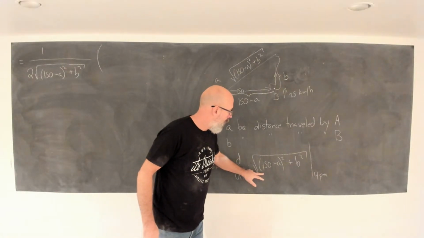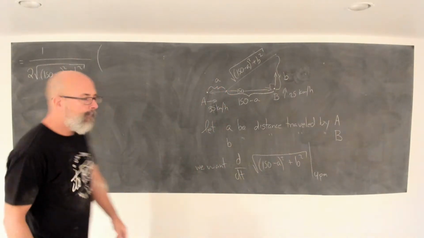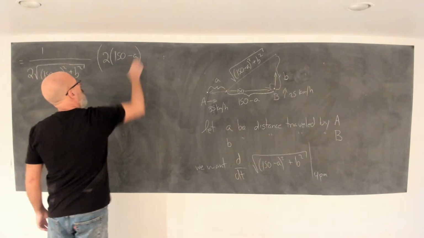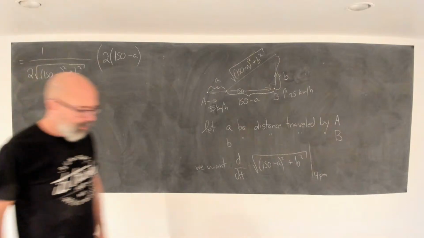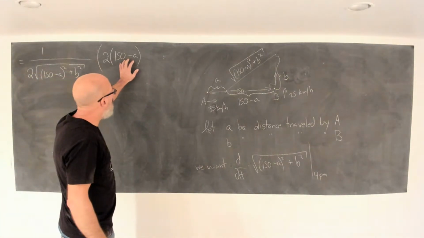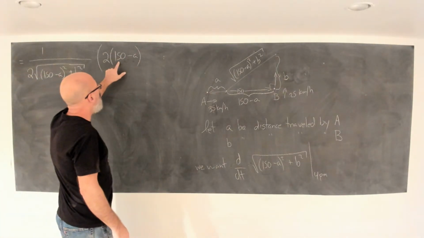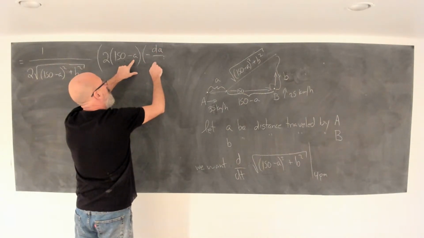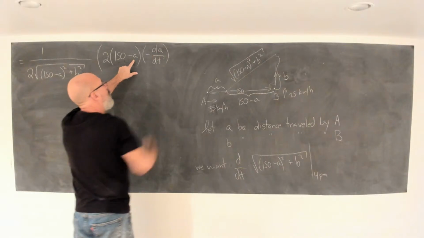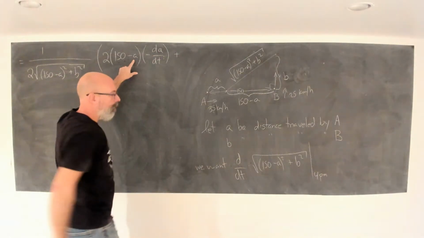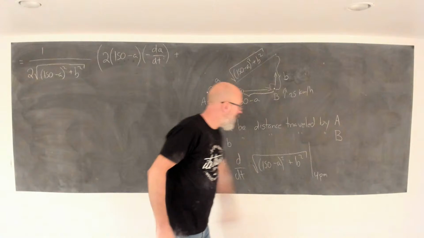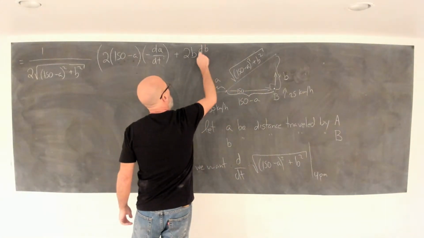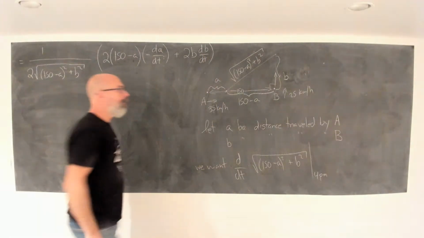We have 150 minus a all squared, whose derivative is, since it's a square, 2 times 150 minus a times the derivative of the inside. 150 is a constant, so times minus dA dt. Plus the derivative of b squared, so differentiate the square, 2b times the derivative of the inside, dB dt.